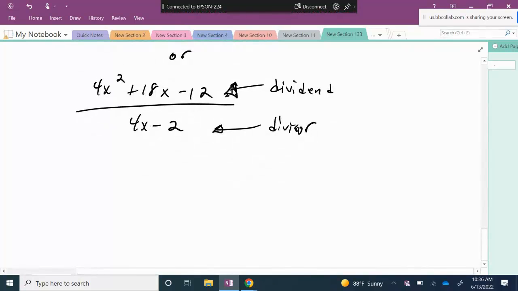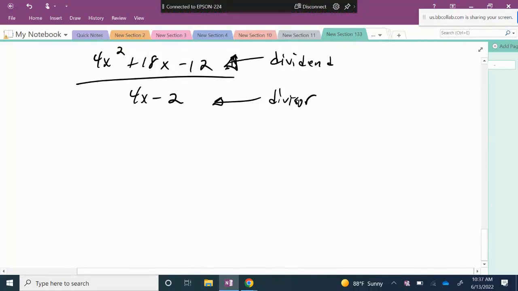When you set up long division, you have to make sure that both your divisor and your dividend are in descending order. If you're missing any terms, you would have to add a filler term. We're going to look at all different situations.